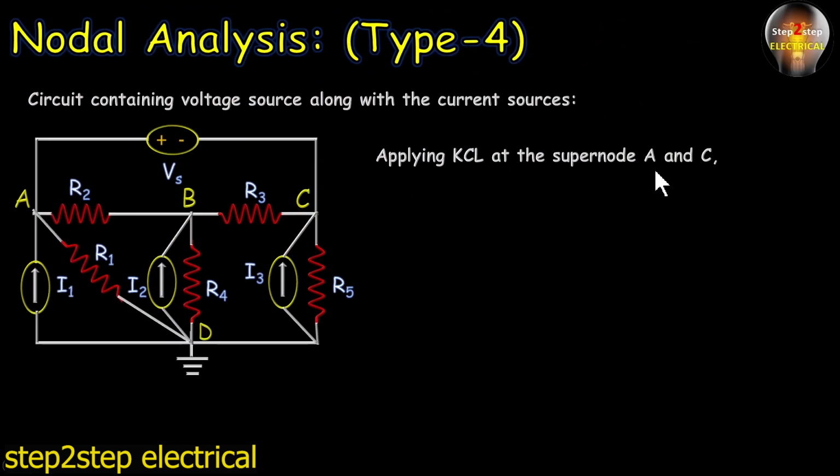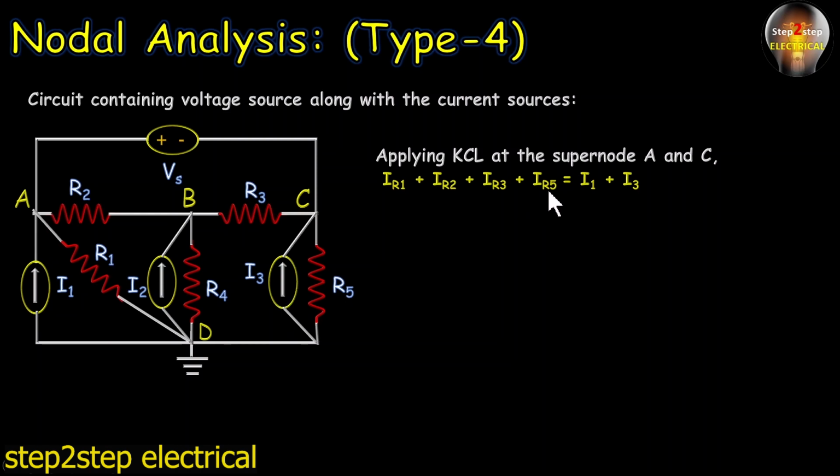So to apply KCL at supernode, first of all we will write all the currents that enter as well as leave. So we can write IR1 plus IR2 plus IR3 plus IR5 is equal to I1 plus I3. As we have discussed earlier, the current through R1 and R2 leaves the node A, and current through R5 and R3 leaves the node C, while I1 and I3 are the currents which enter the node A and C respectively.